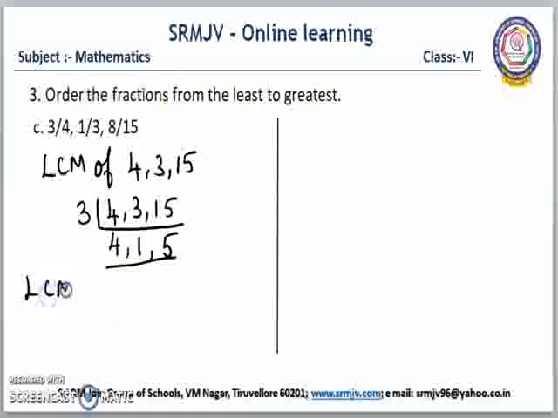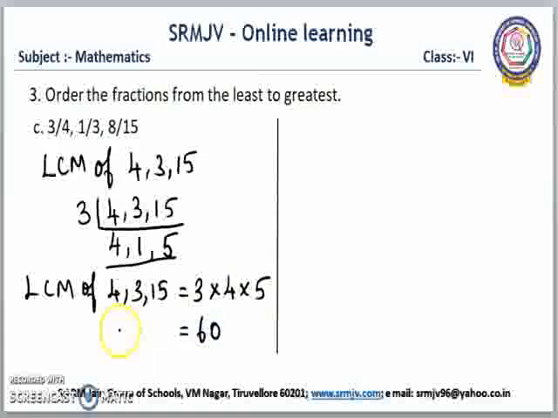So the LCM of 4, 3 and 15 is, we have to multiply these numbers: 3 into 4 into 5. We will get 4 3s are 12, 12 5s are 60. So the LCM of 4, 3 and 15 is 60. Now we have to change the given fractions into like fractions.